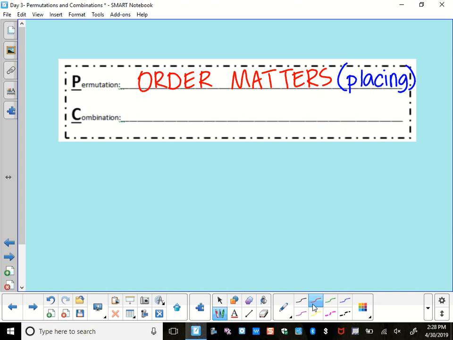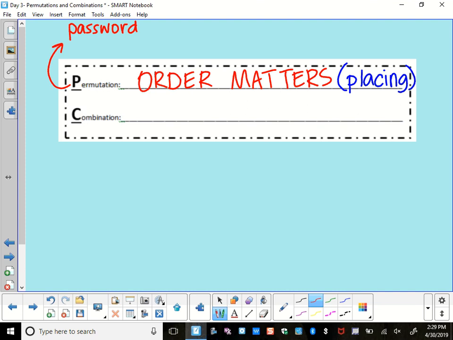So let's write some examples. Because order matters, I want you to think about a password. Does a password need to have the right order to work? Yeah, right? If your password is dog, but you spelled it G-O-D, is it going to work?